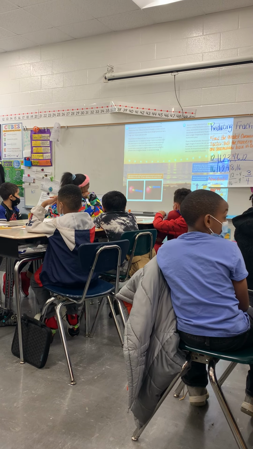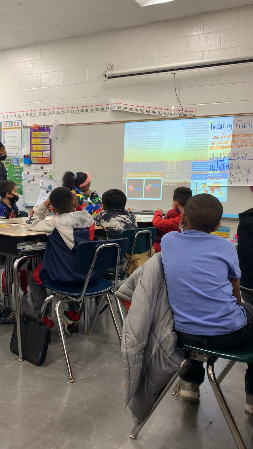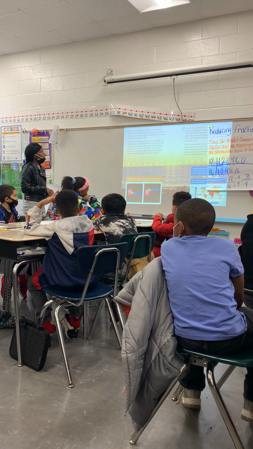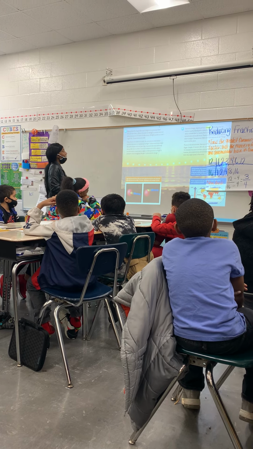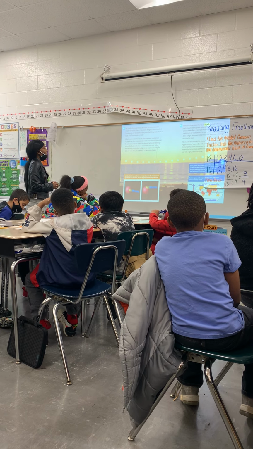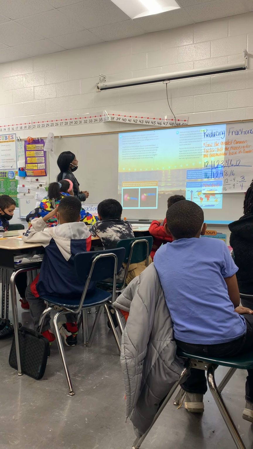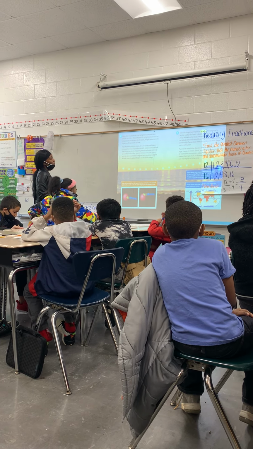In other places, the light spreads out over a larger area and temperatures are cooler. If the Earth were not tilted on its axis, the same places would always receive direct or spread out sunlight, and a place would have about the same temperature all year long.